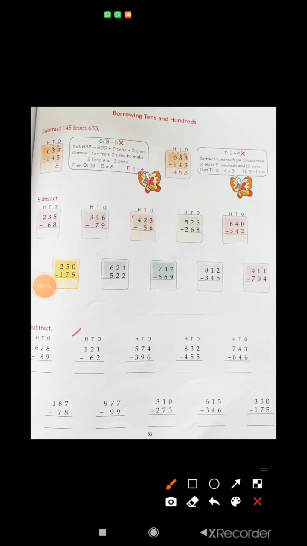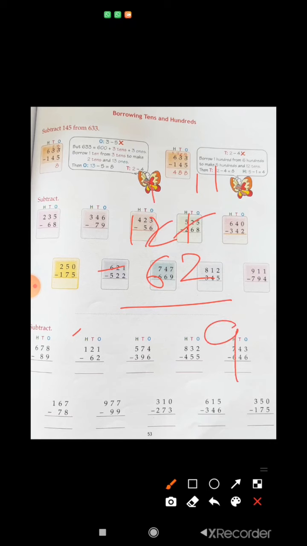Now next, the question is 121 minus 62. Subtract the ones. 1 is less than 2. Take borrow from 2. Here will be 11 and here 1 remaining. 11 minus 2 is 9. Here you can see on 10 side, 1 is less than 6.